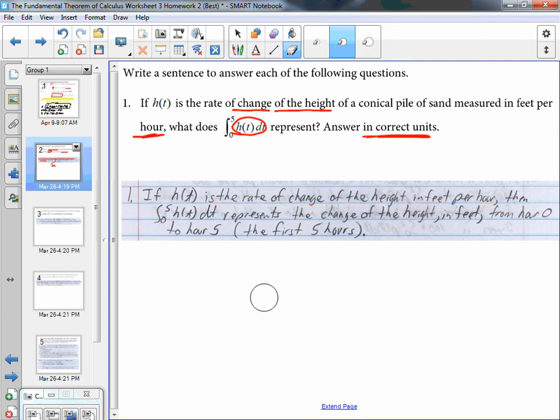I rephrased that for you and I to understand: that's the first 5 hours. Because they're talking about a real thing here, it can't have started piling up before time 0. So from 0 to 5 is the first 5 hours. Does that make sense?